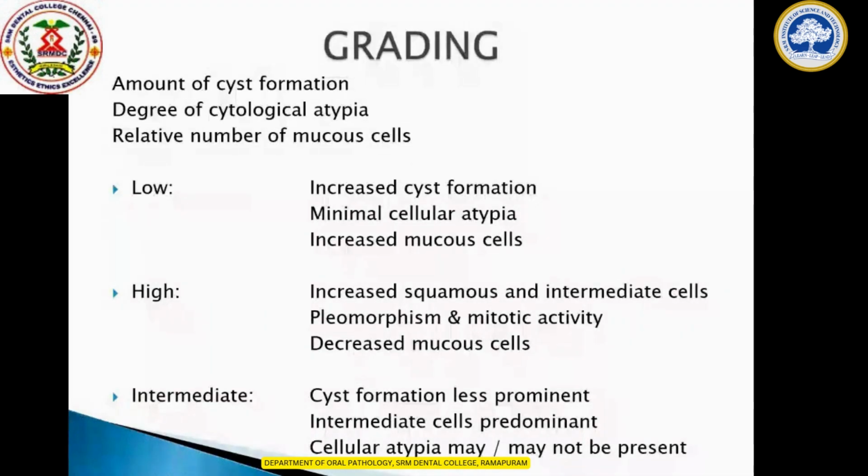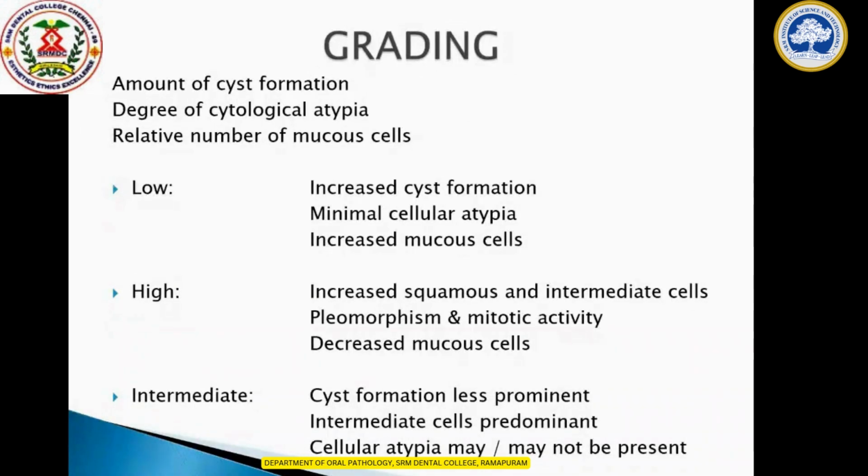If you take the low grade, the first thing is your cystic formation. It will have a lot of cystic spaces, which will be lined by cells. The cells lining these cystic spaces will be either your mucus cells, okay, the large foamy cytoplasm mucus cells, or cuboidal or columnar cells.